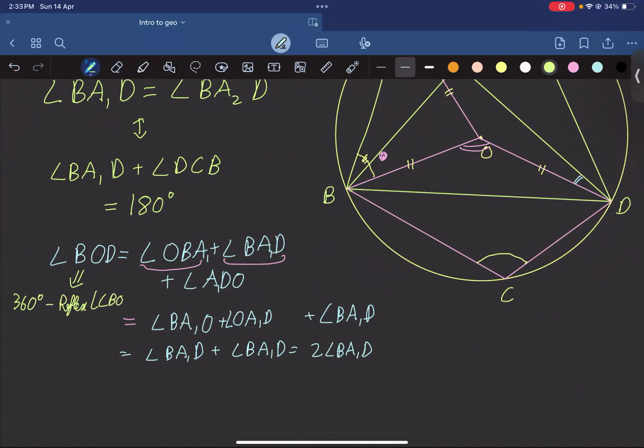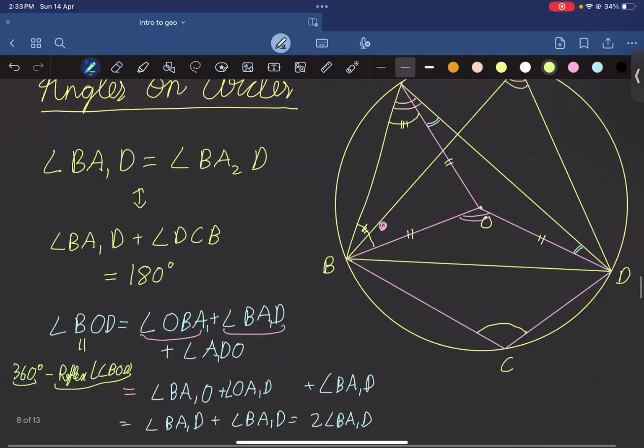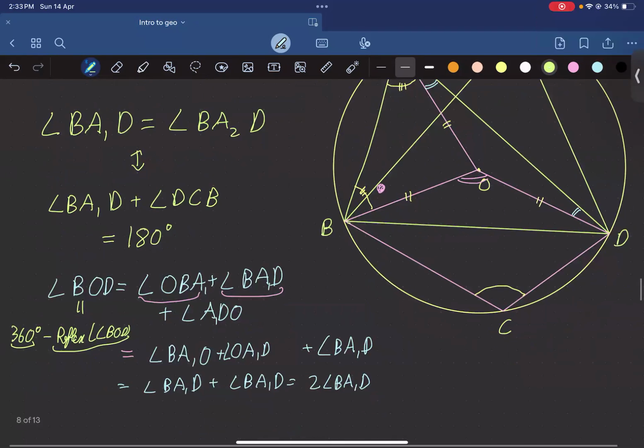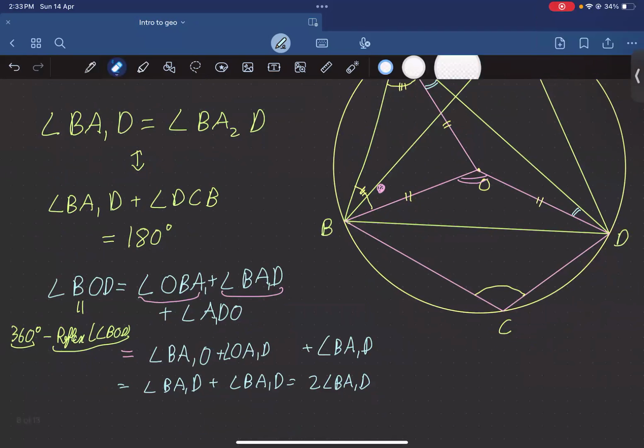But 360 degrees minus reflex angle BOD is what? 360 degrees is the sum of the angles of a quadrilateral, right? So this reflex angle BOD is just the sum of the other angles. When you add reflex angle BOD to the other angles, you should get 360 degrees. Good.